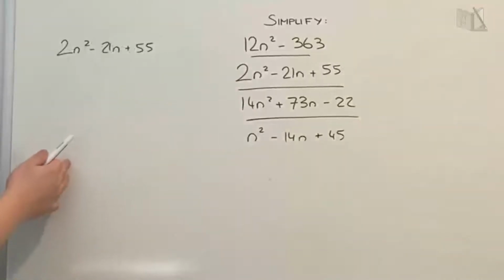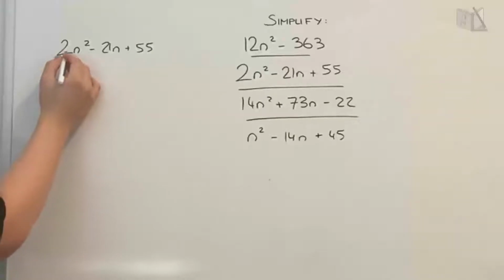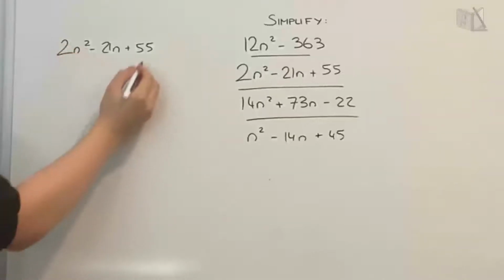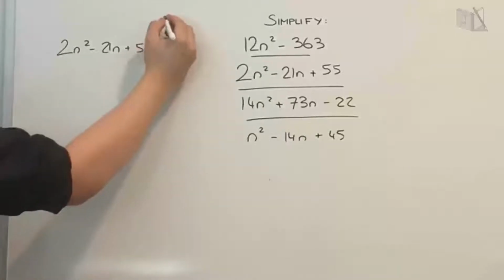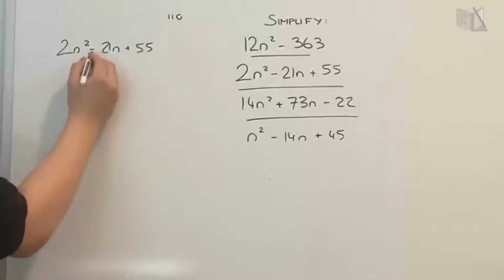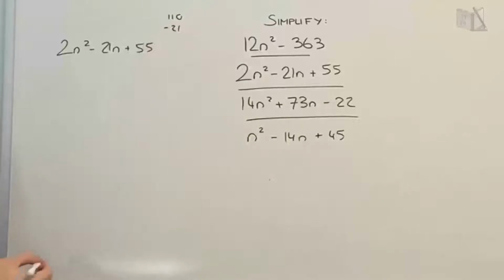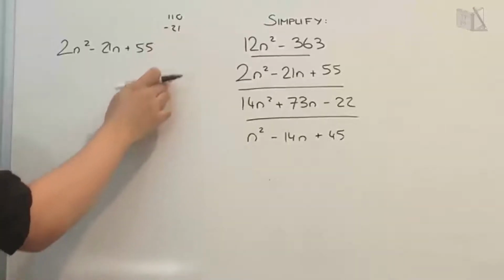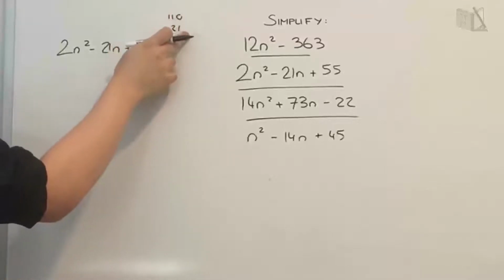Next, let's try to factor 2n squared minus 21n plus 55. A systematic way to do this is to take the coefficient of n squared, 2, multiplied by the constant, plus 55, which gives 110. Write this down so that you remember, and then minus 21. Now we're looking for two numbers that multiply together to give positive 110 and add together to give minus 21.